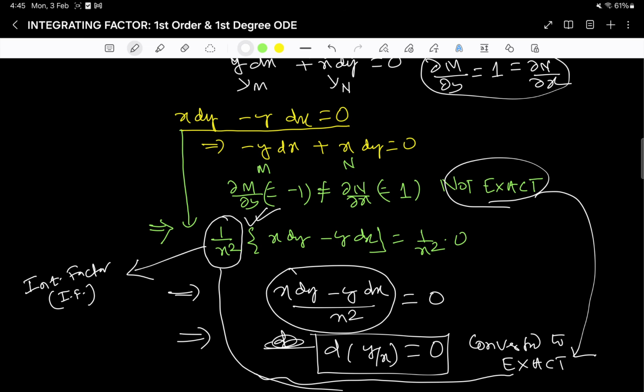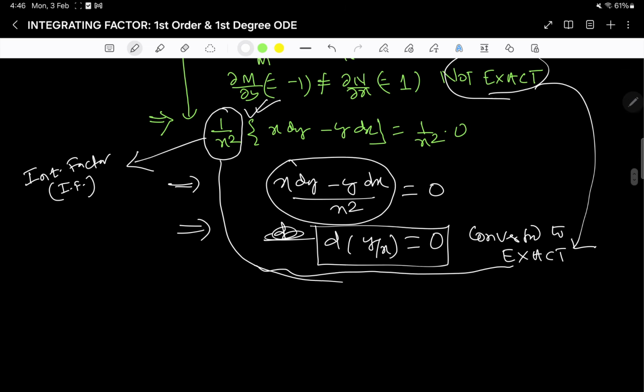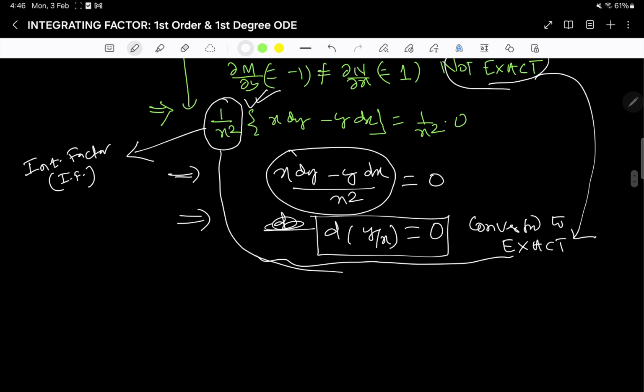In fact, let this be my equation number 1. If I multiply, instead of 1 by x square, 1 by y square into x dy minus y dx is equal to 1 by y square into 0, then what will happen?